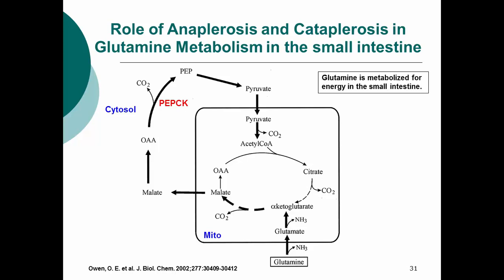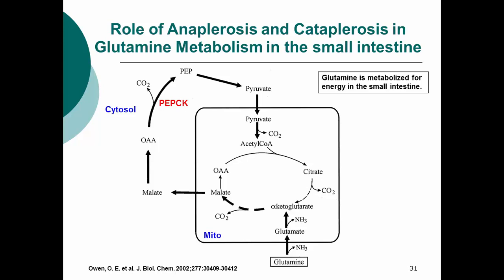So this is an anaplerotic process, right? And once it's alpha-ketoglutarate, it is converted to malate, and the malate leaves the TCA cycle, and this is again the cataplerotic process, right? And then malate is converted to oxaloacetate and converted to PEP, phosphoenolpyruvate, and then this PEP is converted back to pyruvate and then enters the TCA cycle for complete oxidation, right?